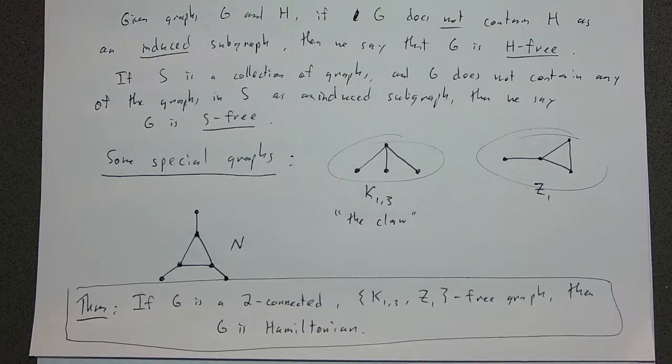So that is what we mean by a forbidden subgraph result, that we learn some further property of the graph once we know it does not contain certain naughty subgraphs.